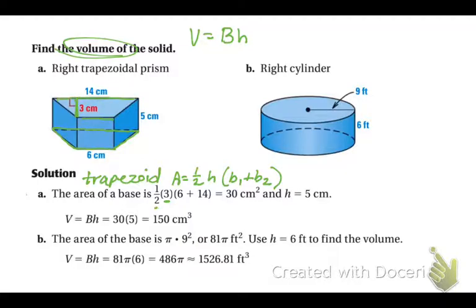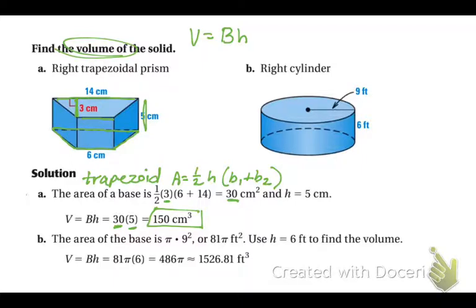Okay, so you calculate all that out, and you come out with 30. Okay, 30. You plug that into your volume equation, base times height, the area of your base is 30. Our height here is 5, and so our volume is 150 centimeters squared. Okay, pretty easy. Sorry for my brain malfunction there.